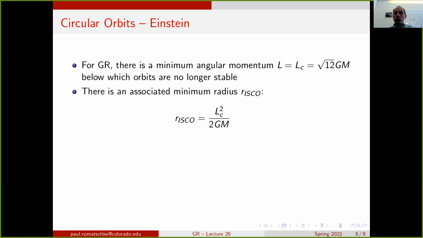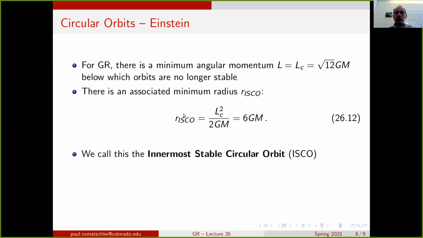And there is an associated minimum radius for particles having this particular angular momentum. This radius is just LC squared over 2GM, and if you plug in this value for LC, that radius comes out to be 6 times GM.